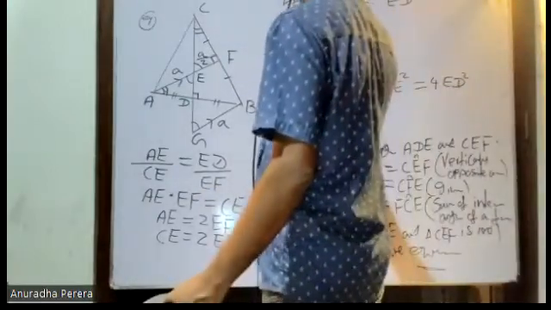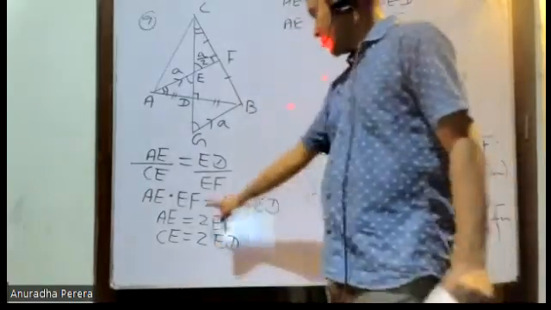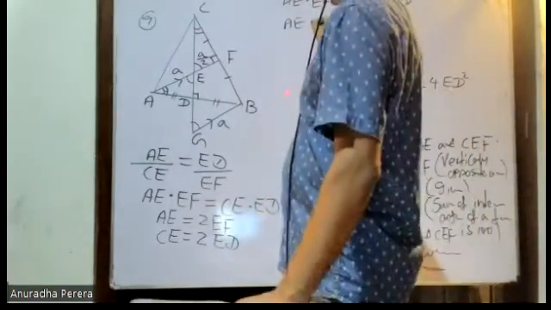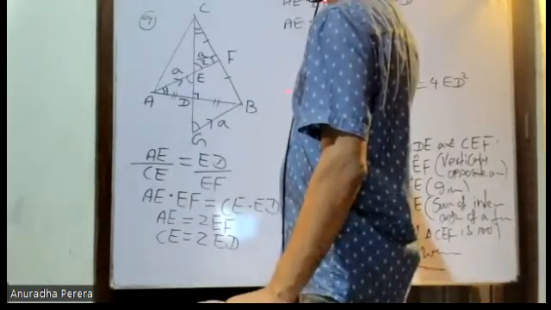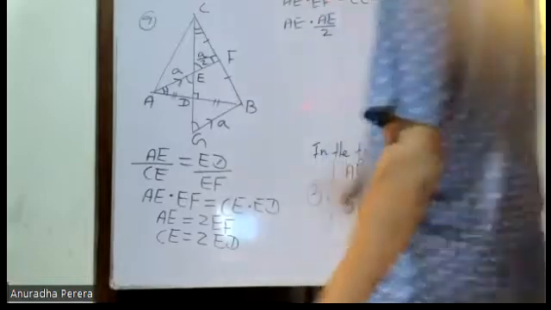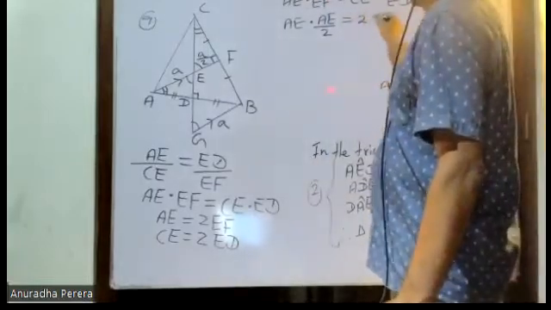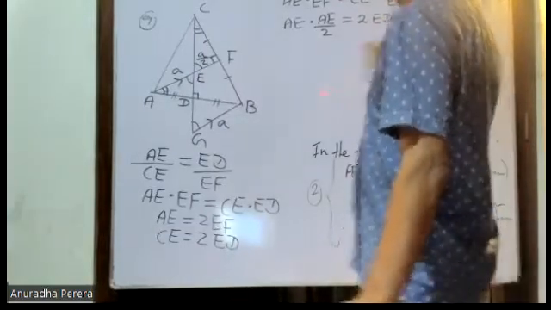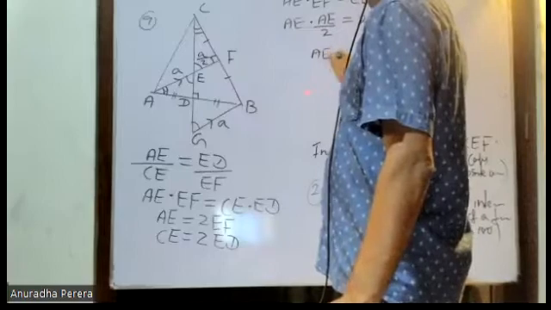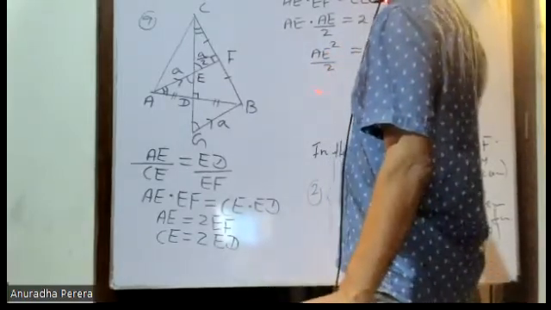AE, what is EF? AE over 2. Right? CE is 2ED. 2ED into ED. AE squared over 2 equals 2ED squared.